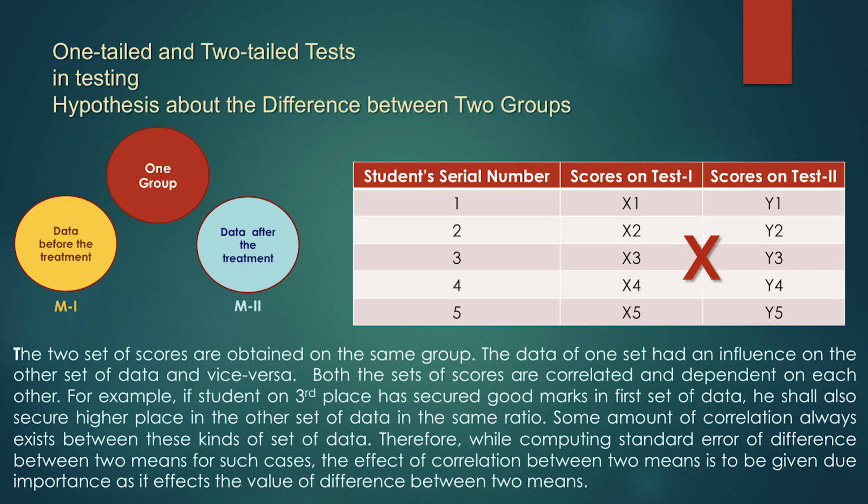Some amount of correlation always exists between these kinds of sets of data. Therefore, while computing the standard error of the difference between two means for such cases, the effect of correlation between the two means is to be given due importance as it affects the value of the difference between two means.